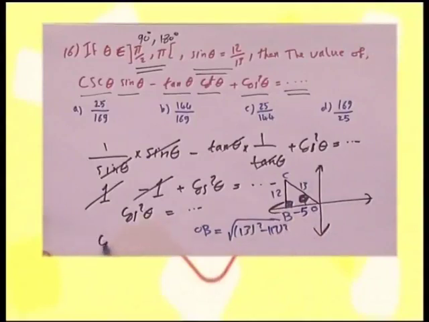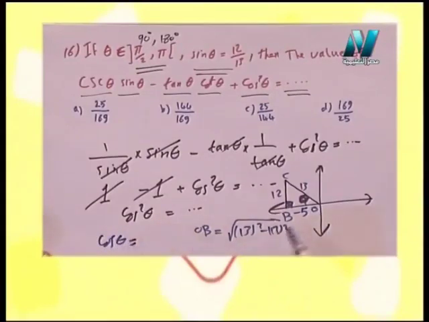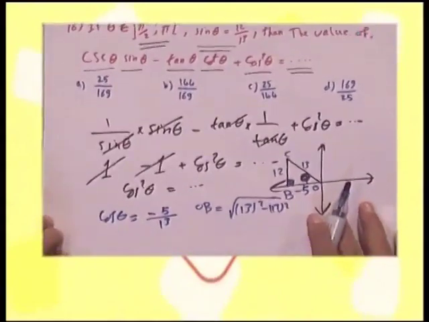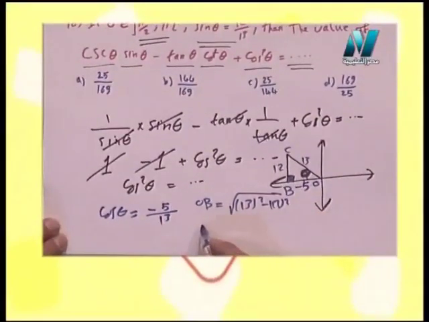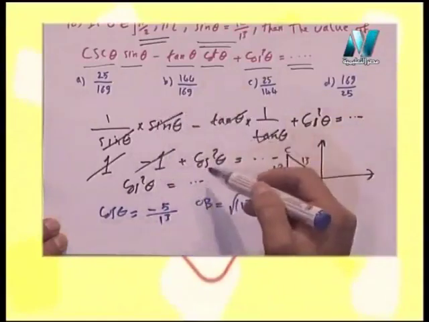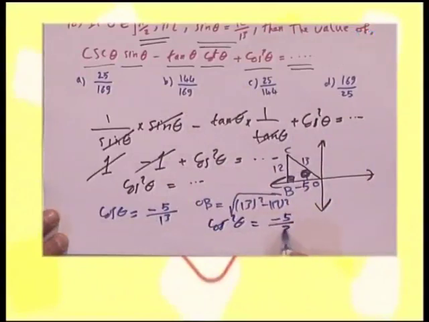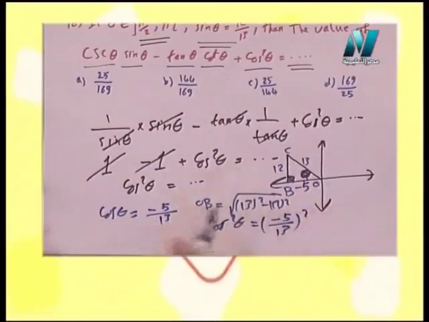So cosine theta equals the adjacent over hypotenuse. It will be negative 5 over 13. Okay. But we want to find out cosine power 2 theta. So cosine power 2 theta will be negative 5 over 13 all power 2.